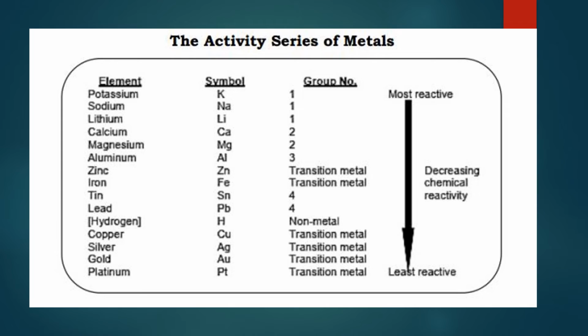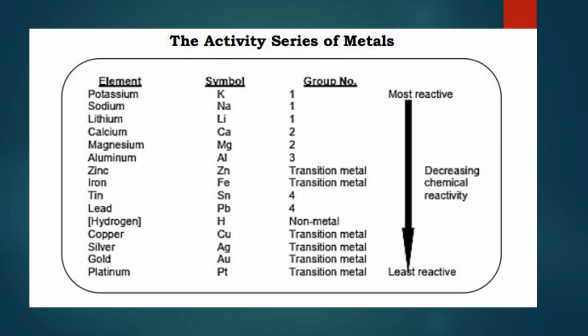So it means that going down, there is a decreasing chemical reactivity. For example, here you have potassium. The symbol is K. The group is number 1. If you would like to look at your periodic table, you can see that, right? So you have the most reactive, potassium.